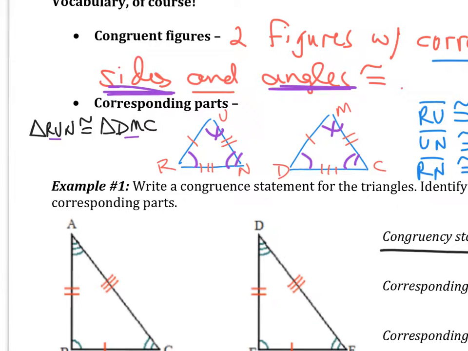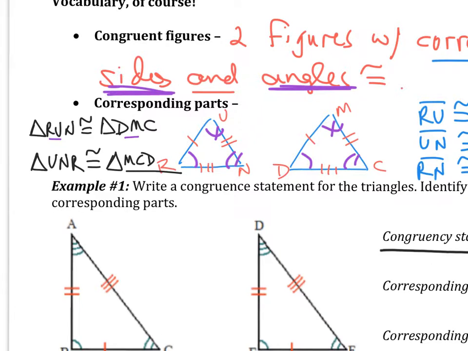Okay, so to check for understanding, triangle UNR is congruent to triangle blank? Raise your hand. Elliot. He says MCD. Do you agree with him? Yes. Okay, why?